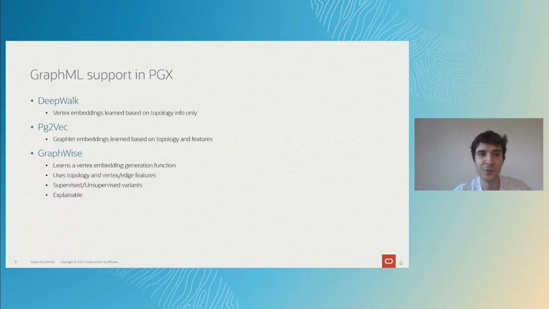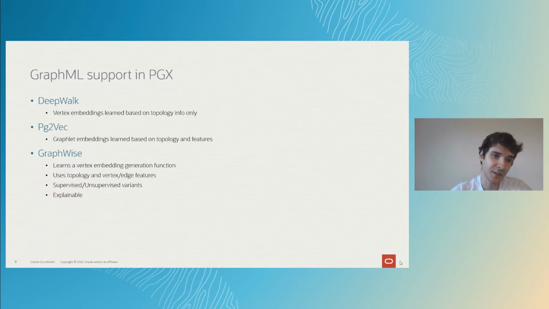So for problems where features might be very powerful to indicate the signal for the end task, it might not be the best method. PG2Vec is another model that we have where we learn embeddings again for graphlets, so little subgraphs, and it leverages mainly the topology, but a bit the features.